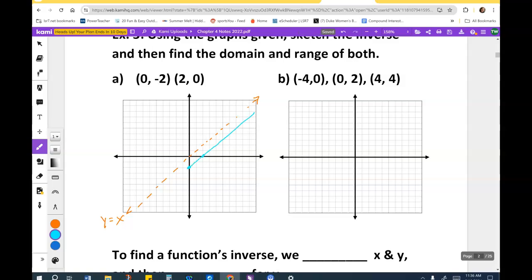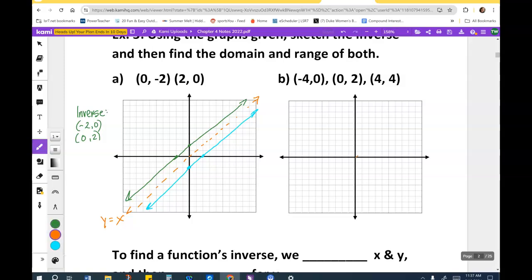So my original line's over here. And then my inverse, I'm going to flip those. So it's going to be negative 2, 0, and 0, 2. And if you look, those are reflected across the y equals x line. So the y equals x line is like a mirror that reflects those two.